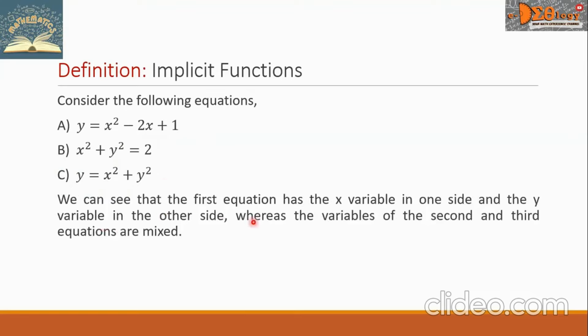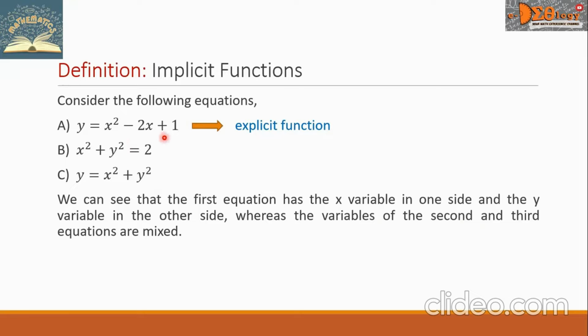We can see that the first equation has the x variable on one side and the y variable on the other side, whereas the variables of the second and third equations are mixed.